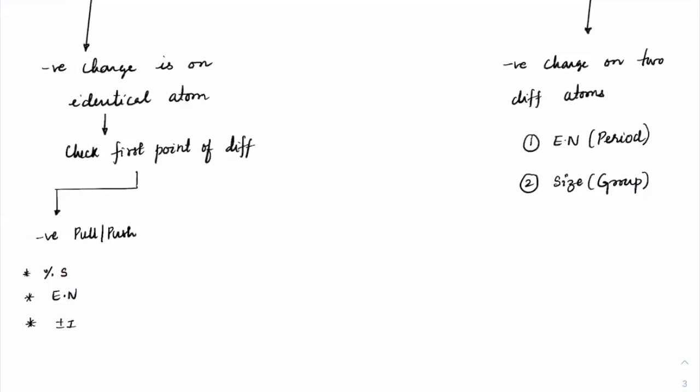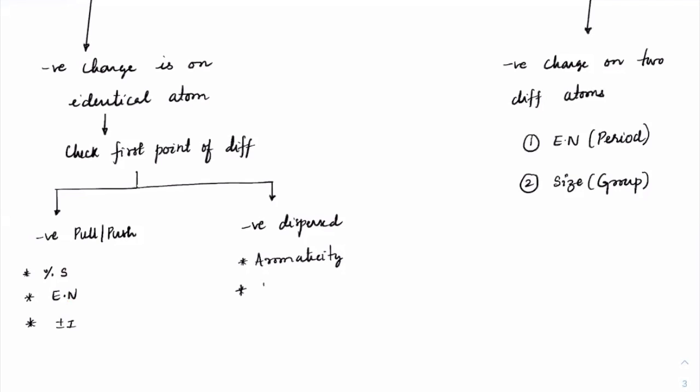Suppose the negative charge is not just about push or pull, it is about a complete dispersion. Negative charge is dispersed. Then I will first check, is there an aromatic nature? So aromaticity is something we will check.